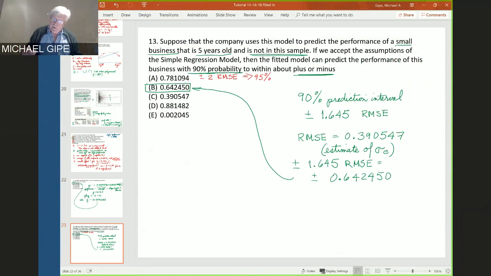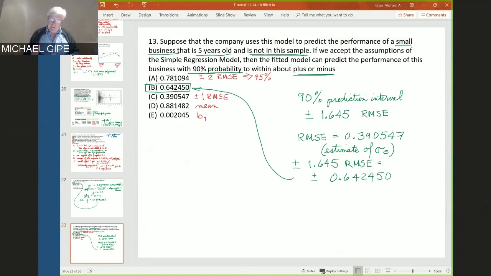What's 0.3904? That's 1 RMSE. We know that's not right. That would be, what, a 68%? What's 0.881482? Well, that's the mean in the table. And what's 0.002045? Well, that's the slope coefficient, B1. So that's not the right answer.